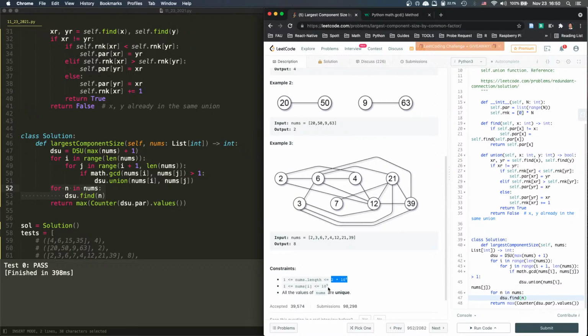We can also do GCD as well. Well, GCD doesn't work. I mean, we can GCD them, all right?